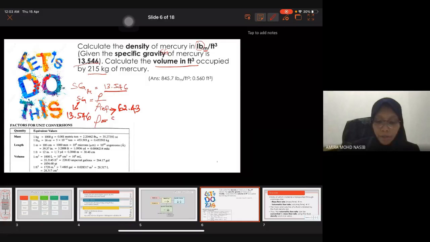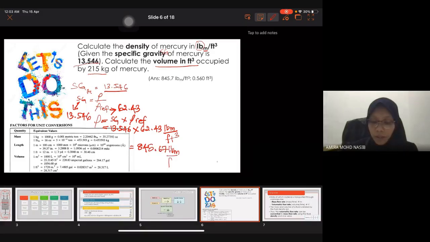You multiply 13.546 times the reference density 62.43 pound mass per feet cube. The final answer is 845.67 pound mass per feet cube.